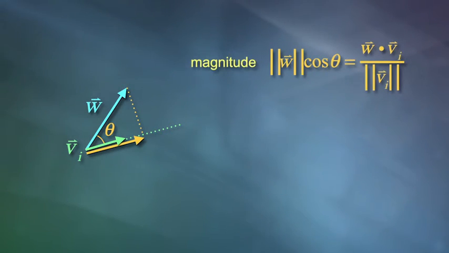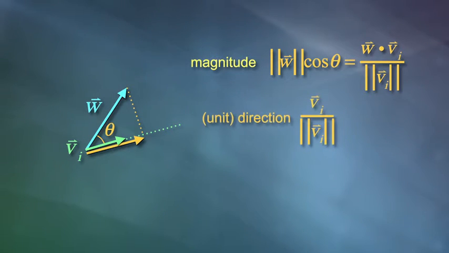The intuition behind this is that if you project the vector W in the Vi direction, you get a vector whose magnitude is the length of W times the cosine of the angle in between, which by the geometric definition of the dot product is just W dot Vi divided by the length of Vi. And this vector points in the direction of the unit vector Vi divided by the length of Vi.